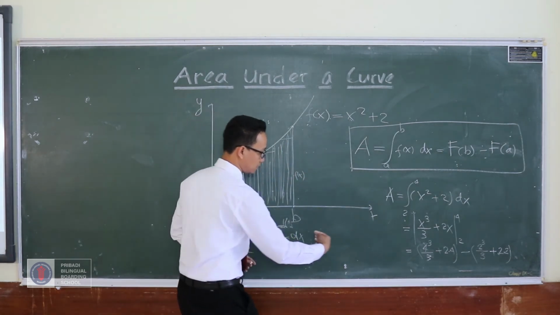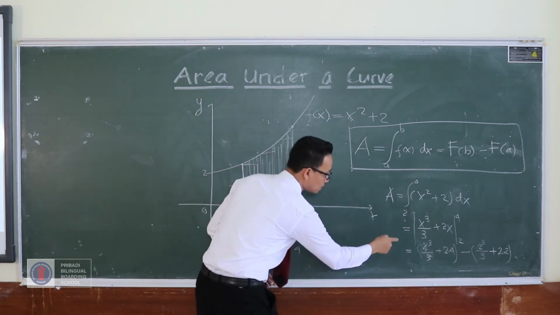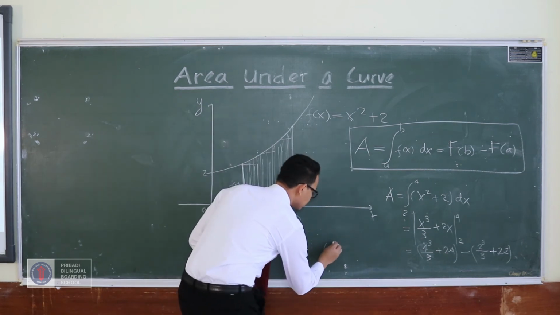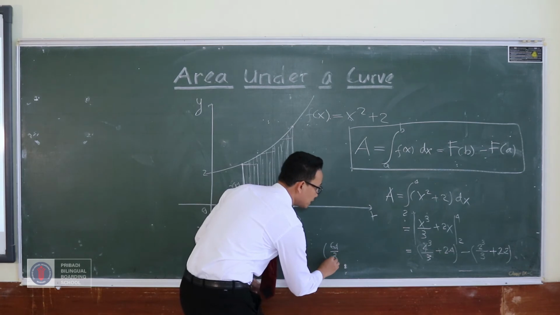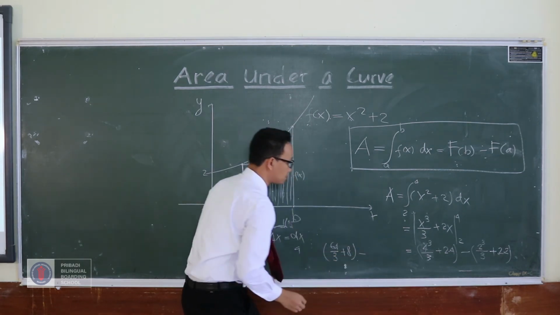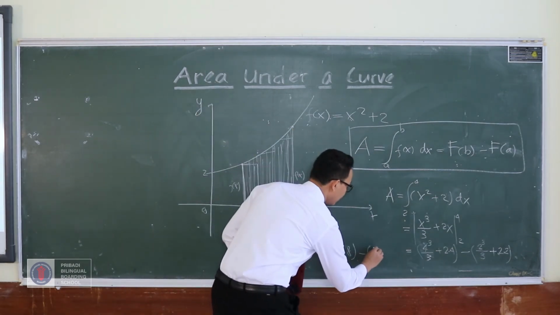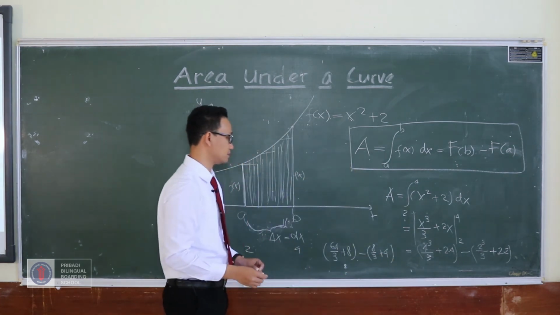So it should be 4 cubed, how many? 64 over 3 plus 8, and then subtracted by 8 over 3 plus 4, like this.